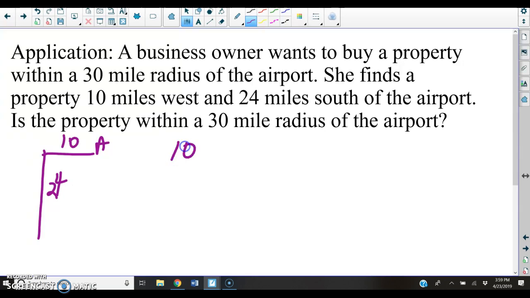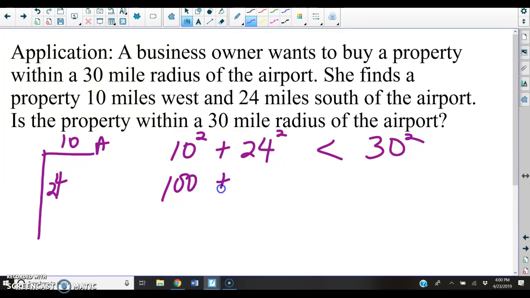Well, just do a squared plus b squared and compare it to c squared. So this would be 100. I believe this is 576. And this is 900. So yes, it would be.